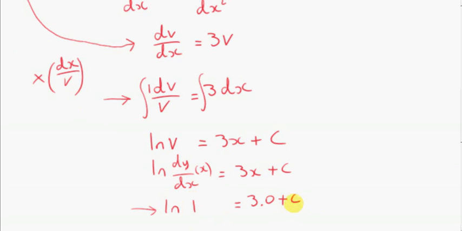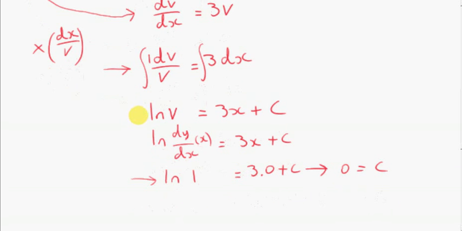So now from this we can find out what c is. ln of 1 is actually 0, so you can see that we get 0 equals 0 plus c. So c is 0. So we can write down our particular solution to the differential equation. ln of v is equal to 3x plus c, where c is 0.